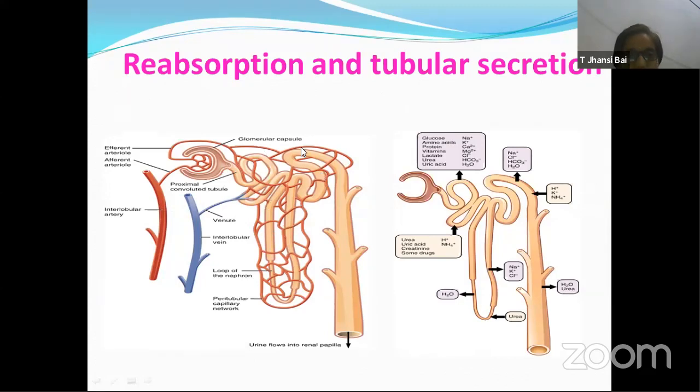All these capillaries surrounding the PCT and DCT in this region we call peritubular capillaries. Whereas capillaries that surround the loop of Henle down in the medullary region we call vasa recta. So movement of solute and solvent takes place between the nephron, peritubular capillaries, vasa recta and interstitium. How does that take place and in what way is it helpful?